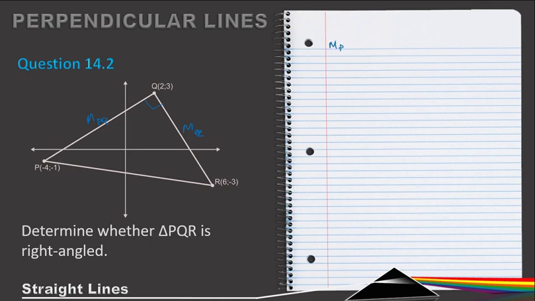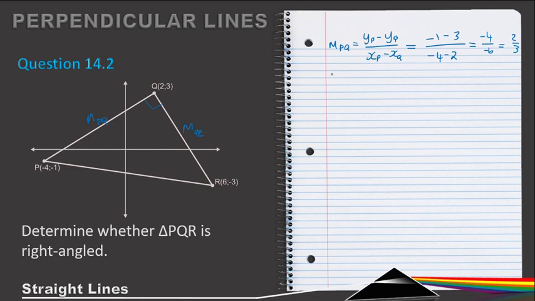So gradient of PQ is equal to yP minus yQ over xP minus xQ. And that is equal to -1 minus 3 over -4 minus 2. So this will give me -4 over -6, which equals 2 over 3.